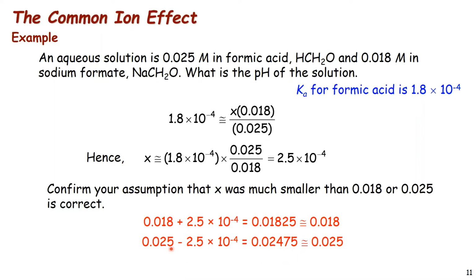But again, to the original 2 sig figs, one past that last one is 5 or greater, so we're going to round that up to 0.025. So again, the number didn't change to within our significant digits. Therefore, our assumption to ignore the plus and minus x terms was valid. Okay, we're going to have a less than a 5% error. Okay, any questions about that?